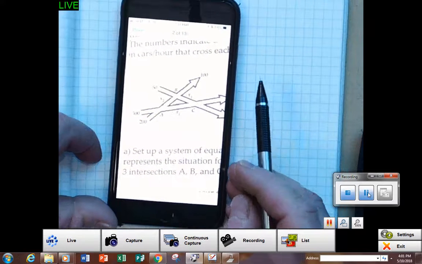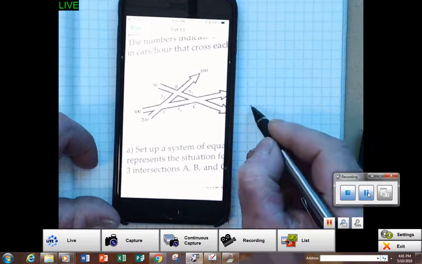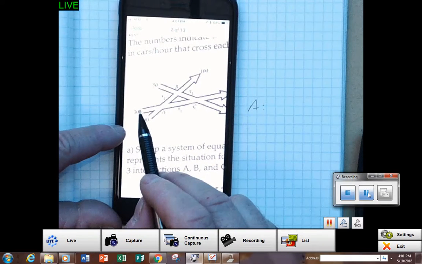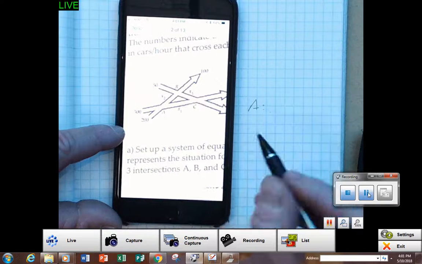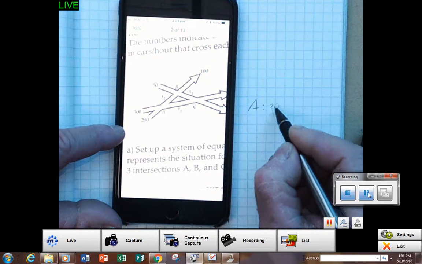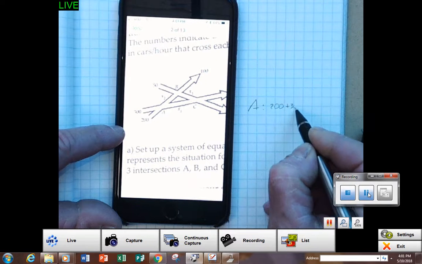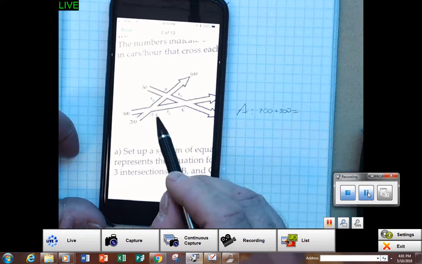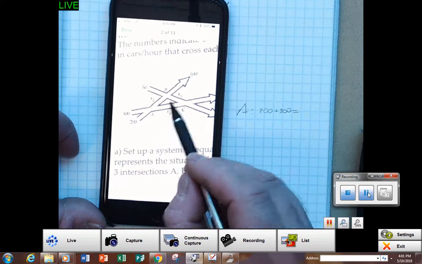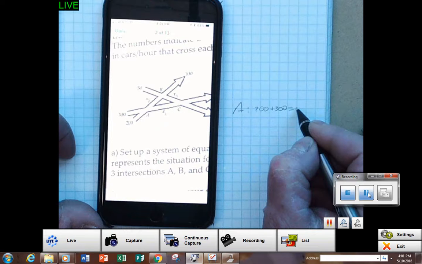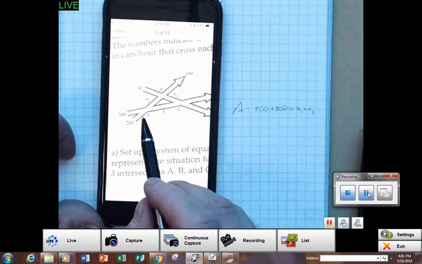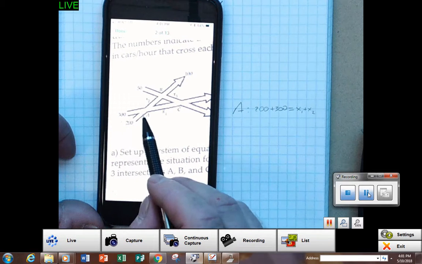So that first equation at A is this 300 plus this 200. Those are coming in, so 200 plus 300 equals what's coming out, x1 plus x2. That's what's coming out of that intersection. So that's at intersection A: 200 plus 300 equals x1 plus x2.